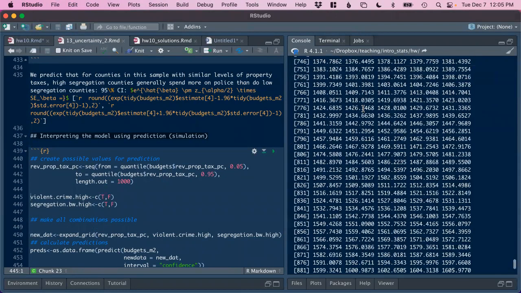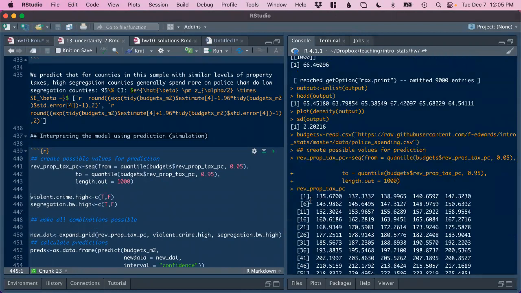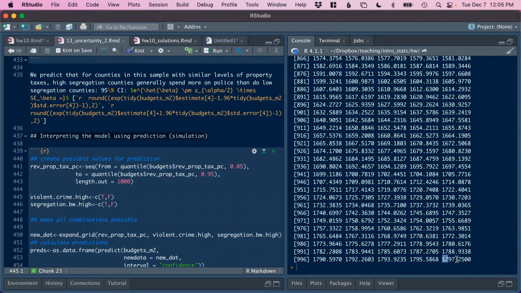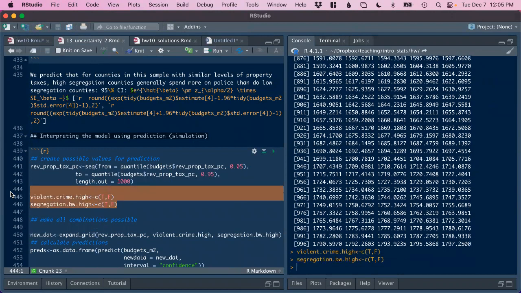It's going to start at the 5th percentile, which is 135. It's going to go up to the 95th percentile, which is 1797, and it's going to have even steps between all of those. Then we're going to make our violent crime and segregation. Basically, I'm going to set these up each as independent vectors that take on the range of values that I want to predict over. So I have my violent crime is true, false, segregation, true, false, and then 1,000 values for property taxes.